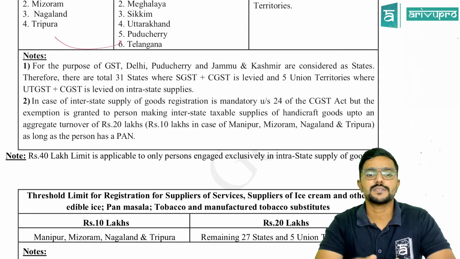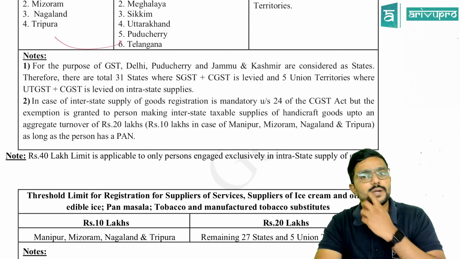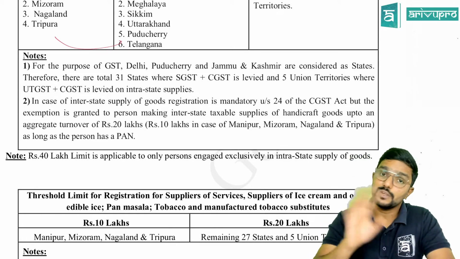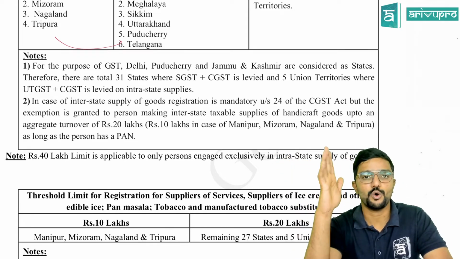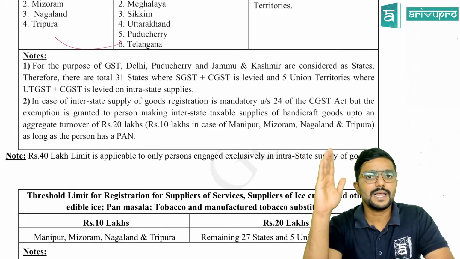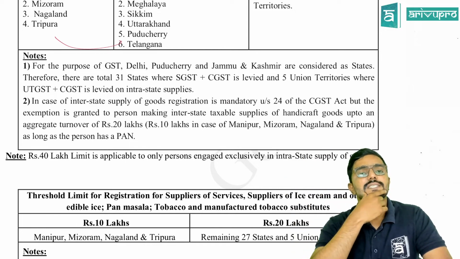Whereas in all other cases, if you are supplying handicraft goods and goods made by craftsmen outside the state, for you also the 40 lakh limit is not applicable. For you either 20 lakh or 10 lakh is applicable. They are clearly told: for normal states 20 lakh, or in case of special category states 10 lakh.